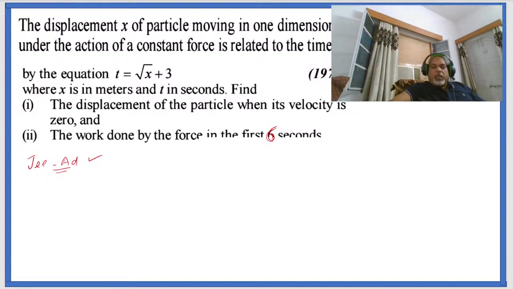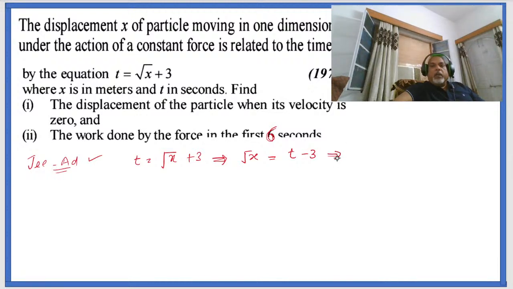So let us see how we can solve this question. Here, t is equal to root x plus 3. This we can write it as root x is equal to t minus 3.